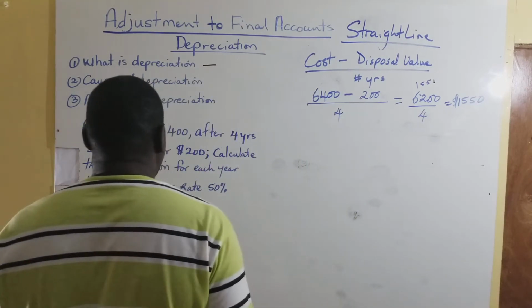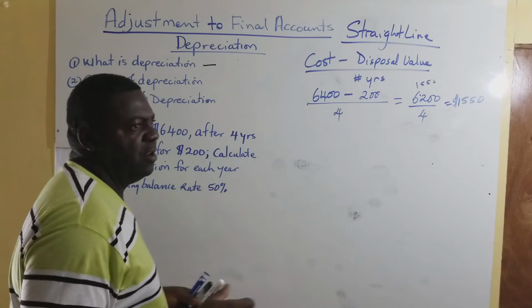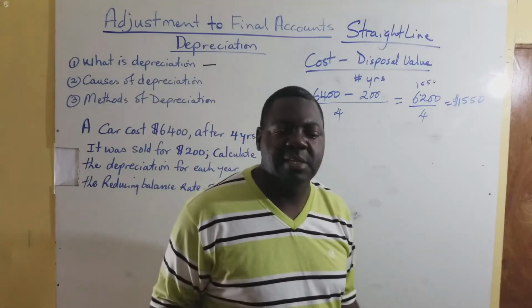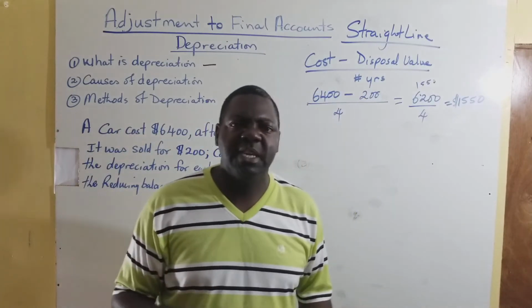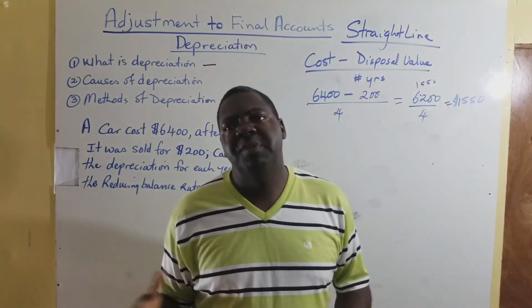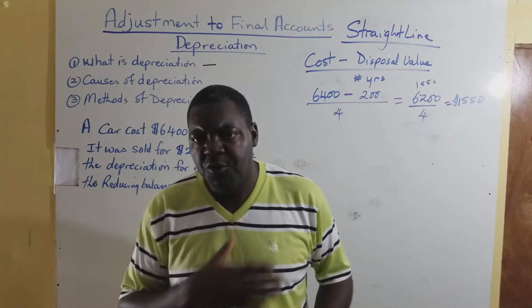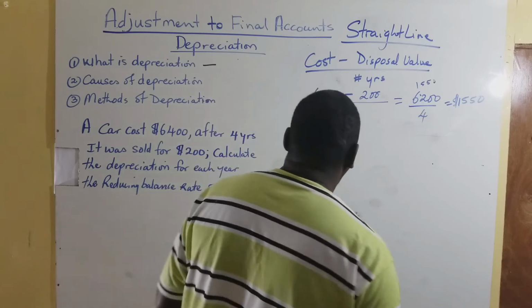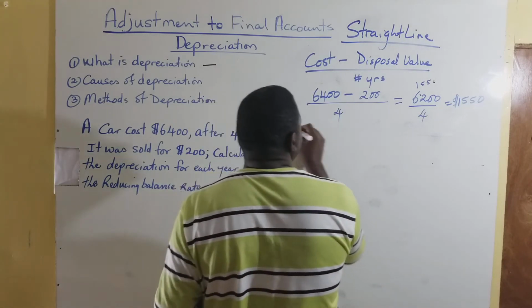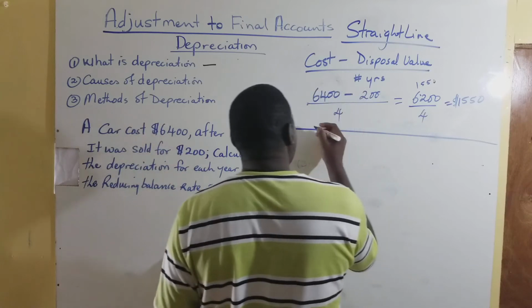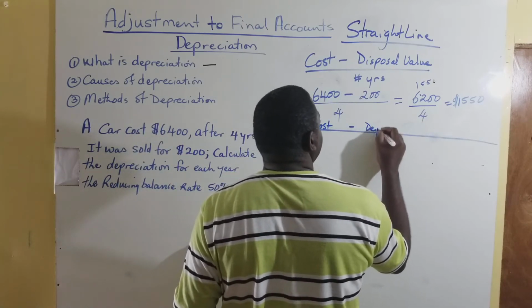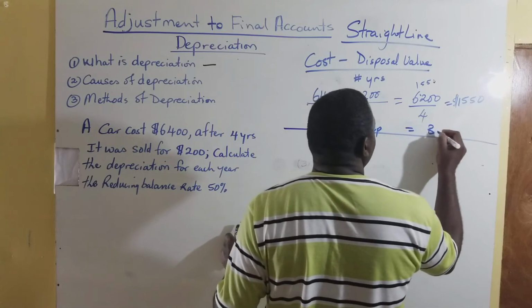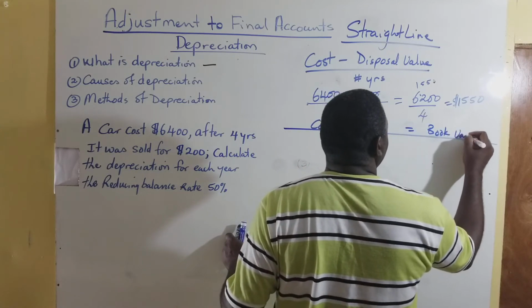Let's look at, and we can now show, because sometimes you're asked to show it, for exam purposes, in the form of a table, how the spread of depreciation affects the asset over the number of years. And a table could be presented in this form. The cost minus depreciation is equal to book value.